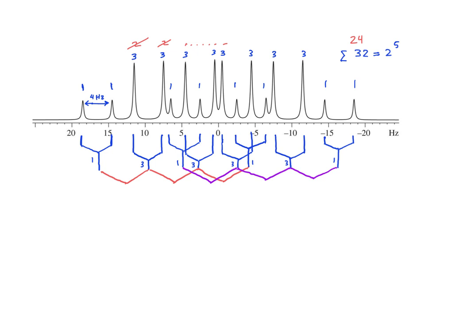The difference in these peaks measures at 7 hertz. So we've established a doublet coupling constant of 4 hertz and a quartet coupling constant of 7 hertz. What then remains is to link the quartets.